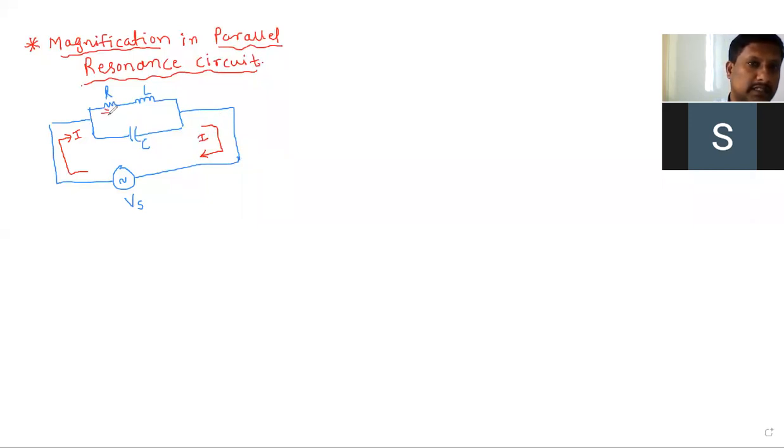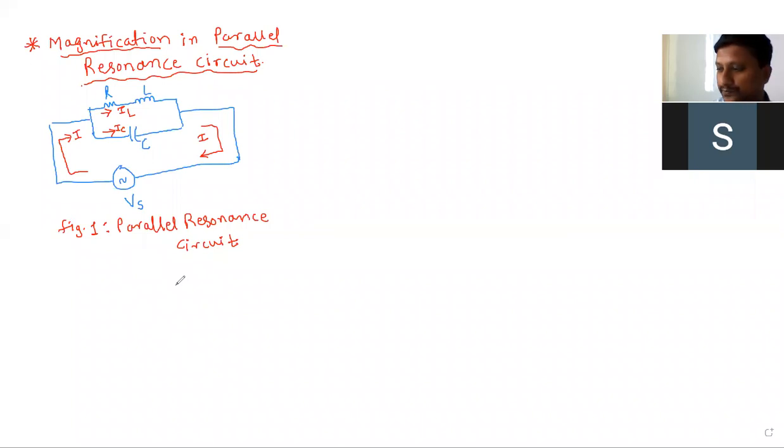The current flowing through this branch is IL, and the current flowing through this branch is IC. This is figure 1, the parallel resonance circuit, and now we can start to discuss the magnification.